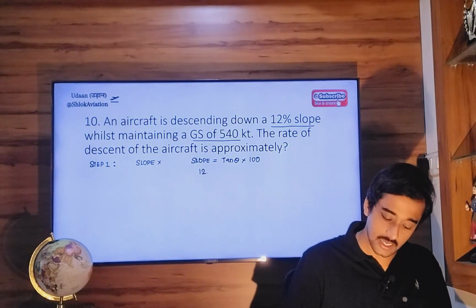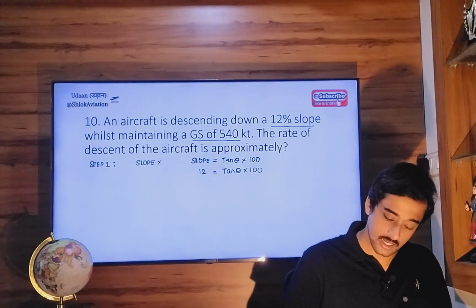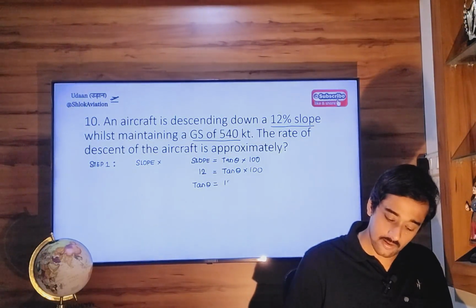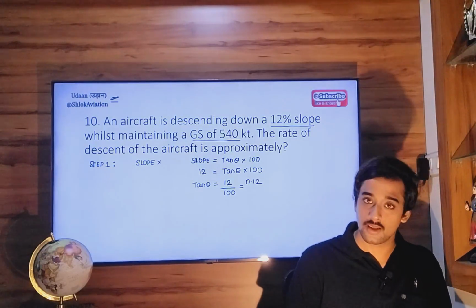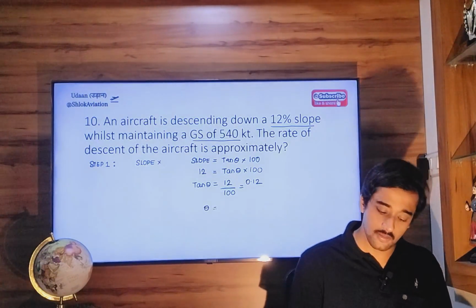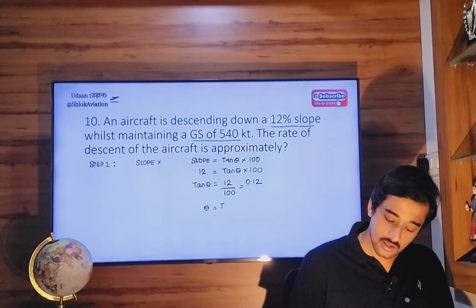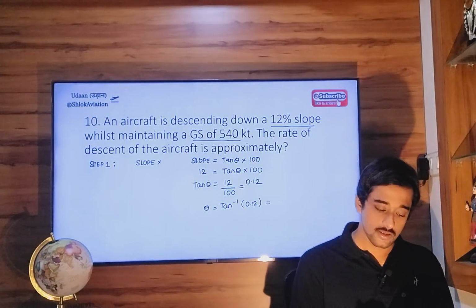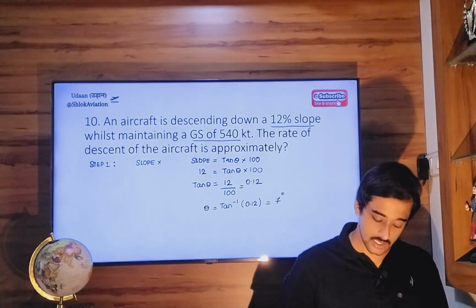So 12% equals tan theta into 100. So tan theta is equal to 12 divided by 100, that is 0.12. So theta, that is angular measurement, will be equal to tan inverse 0.12, which is 6.8 degrees or approximately 7 degrees.